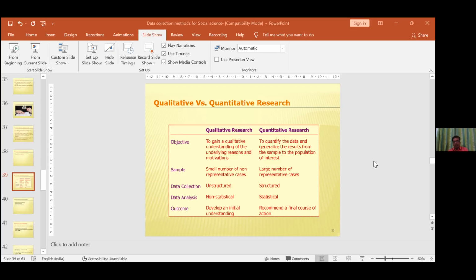It may be non-representative. Whereas let's take quantitative research, then the sample size could be higher. Similarly, we can also get this data from the representative cases.